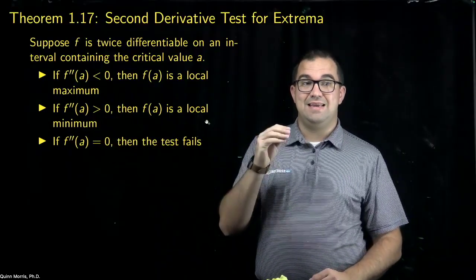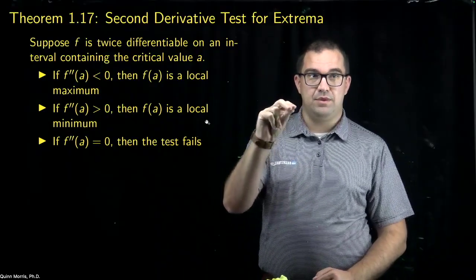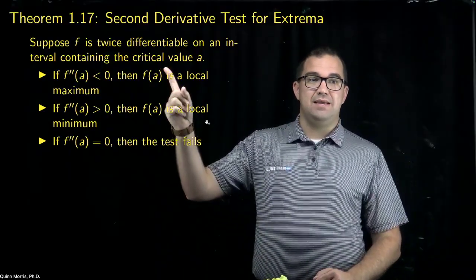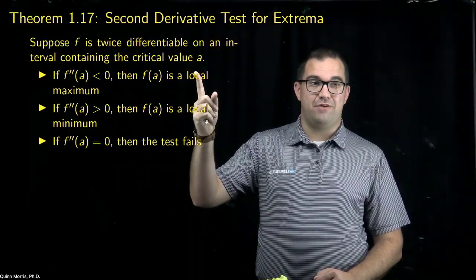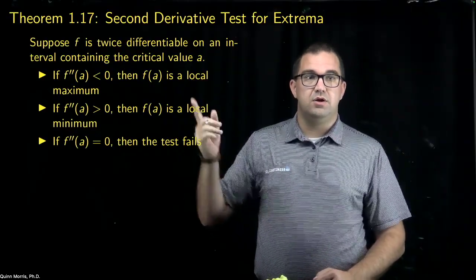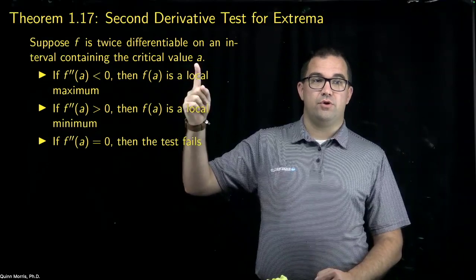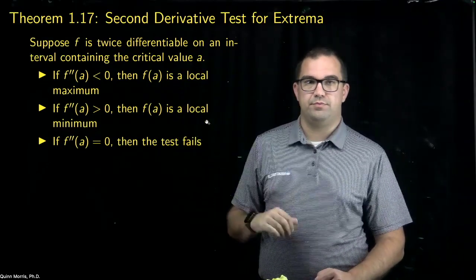So we actually need the function to be twice differentiable at a. That necessarily means that my critical value is not a place where the first derivative is undefined. If the first derivative was undefined, we couldn't begin to talk about the second derivative. So we're at a specific kind of critical value, a kind where the derivative is equal to zero.